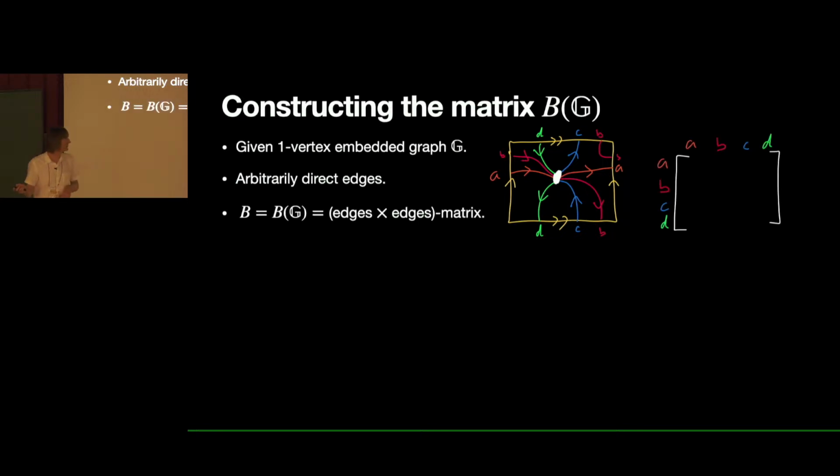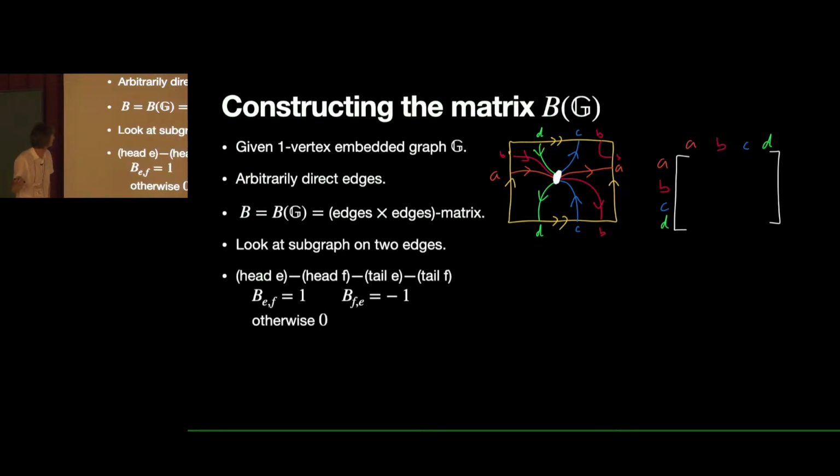Next up, I'm going to take a square matrix indexed by the edges of this embedded graph, so A, B, C, and D. And then I've got this kind of complicated rule that tells me whether an ij entry is 1, -1, or 0. So let's do this with some examples.